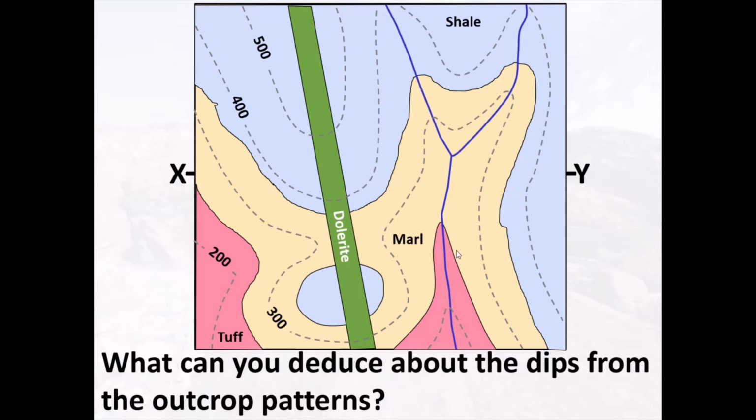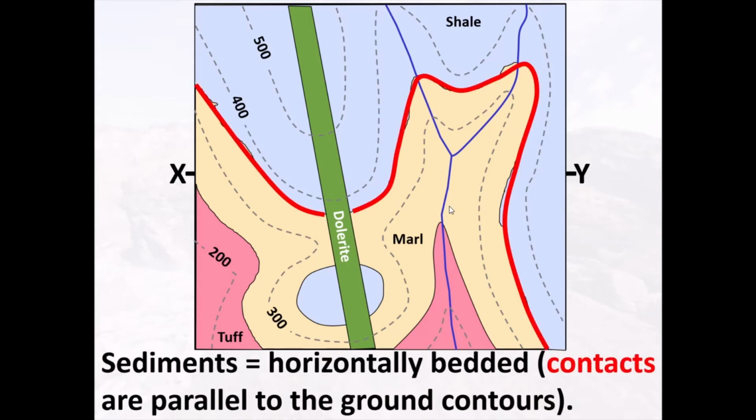And as we saw in the lecture, this sort of geometric relationship of parallel stratigraphic contacts and parallel ground contours indicates that those sediments must be still horizontally bedded. They haven't been tilted, they haven't been deformed, they're still horizontally bedded as they would have been when they were first deposited according to the law of superposition.